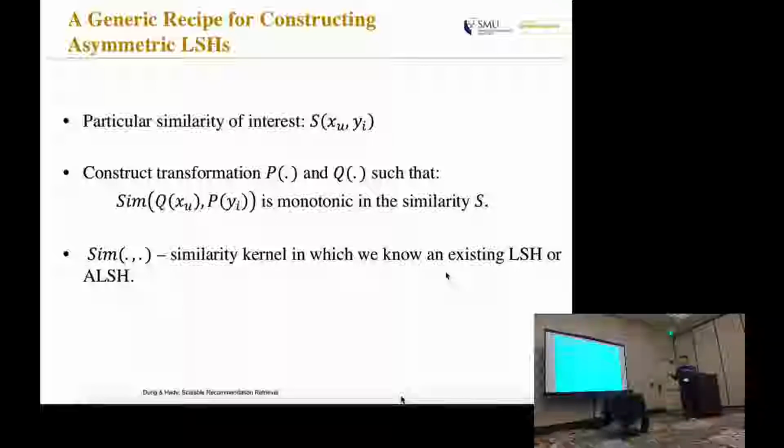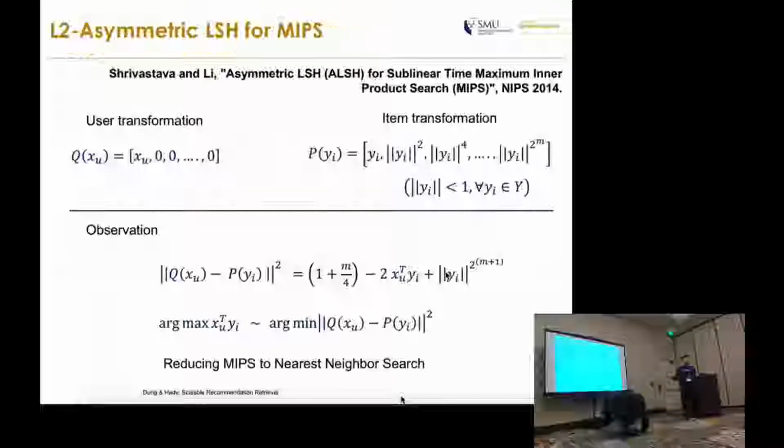And the requirement is that the similarity defined for the transformed vectors should be monotonic with respect to the original similarity of interest. So if you go back to this observation, the new similarity based on the new transformed vectors is actually a monotonic function of the inner products between the original vectors.